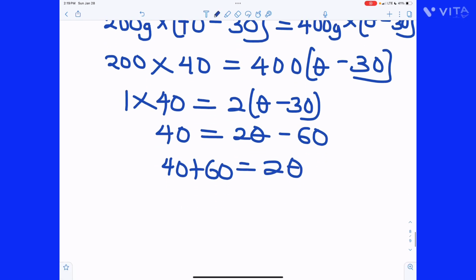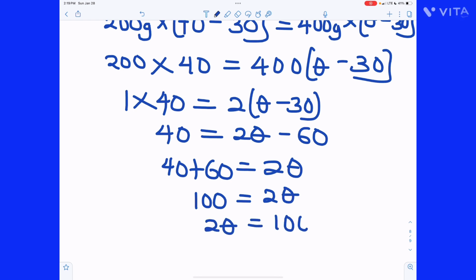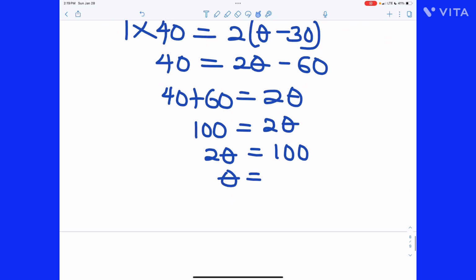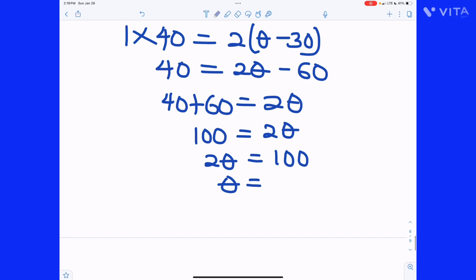Is that clear? So 100 is equal to 2 theta. What does that give you? 2 theta is 100. Theta is 100 over 2. Theta is 50 degrees Celsius.